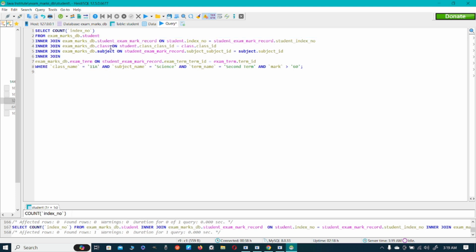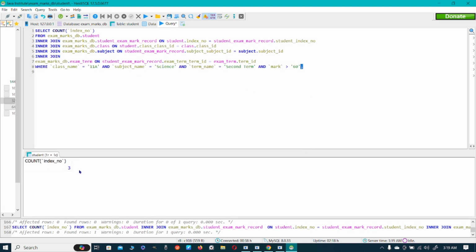So correspondingly we have entered the class table as well, and then we have entered the subject table as they have mentioned the subject name as science. Then we have entered the exam term table since they have mentioned the term name as second term. So this would be our condition part. I will show you the answer that I have received. It's 3, number 3. That means 3 students.